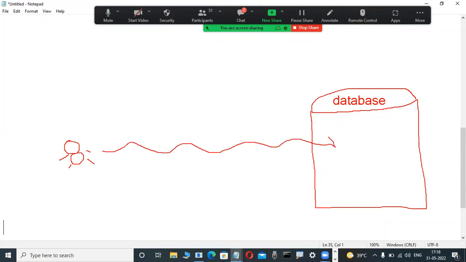How can I store data? Practically we will learn, don't worry, in one of these days. Store data into the database permanently, to be used later. Again, this user is not only storing data into the database, but also wants to fetch or retrieve data from the database.